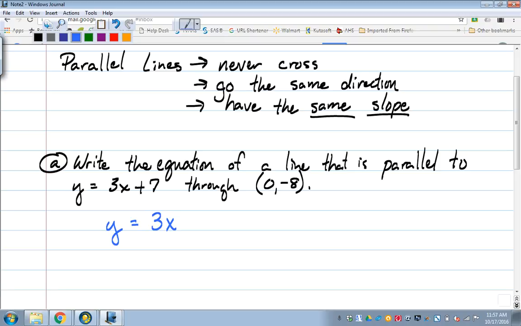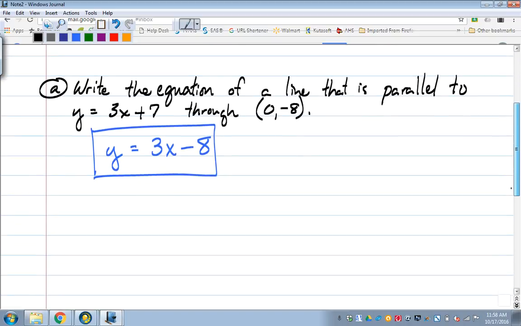Minus 8 because it's a -8 there. That's 0, -8. So this is like the first 3 problems on daily check today. So 3x minus 8. And we're done. In slope-intercept form. That's the form we're going to go for today. We may have to go through point-slope form with the ones that don't have that nice y-intercept there. But the slopes are the same. That's the key. Okay.